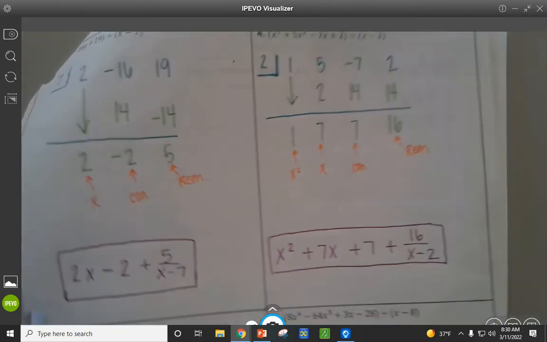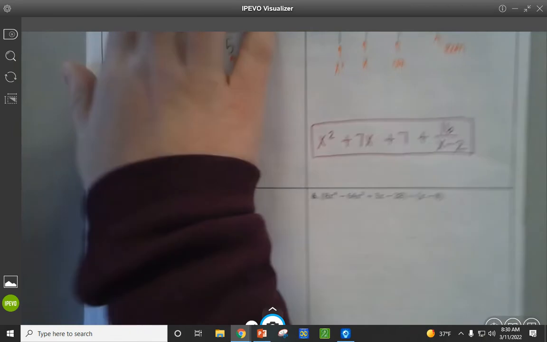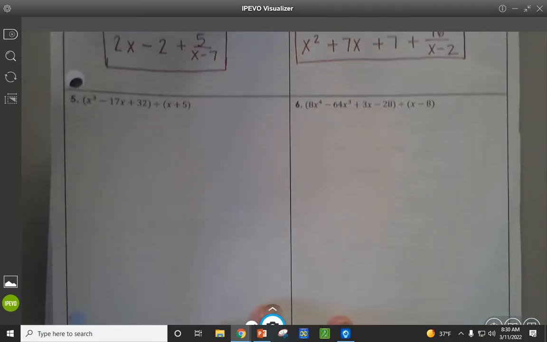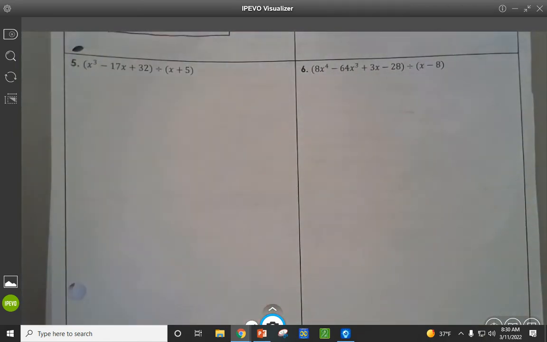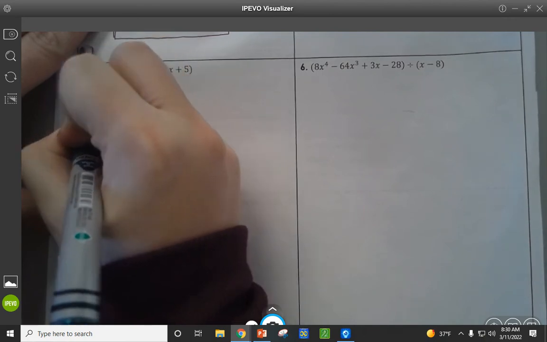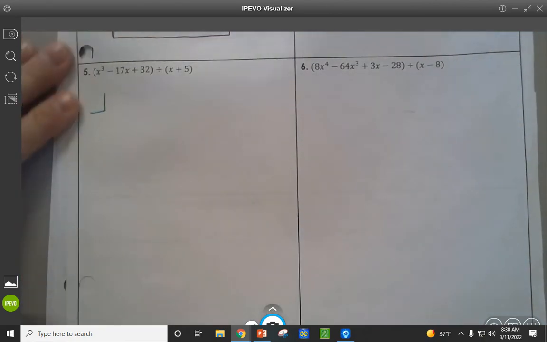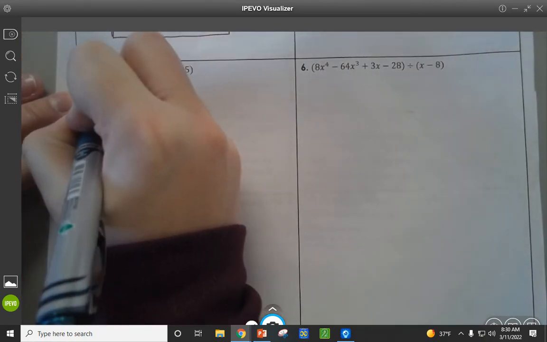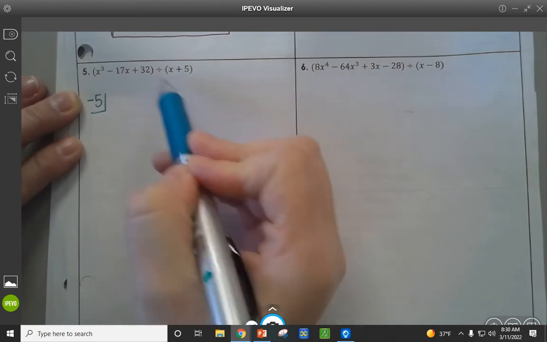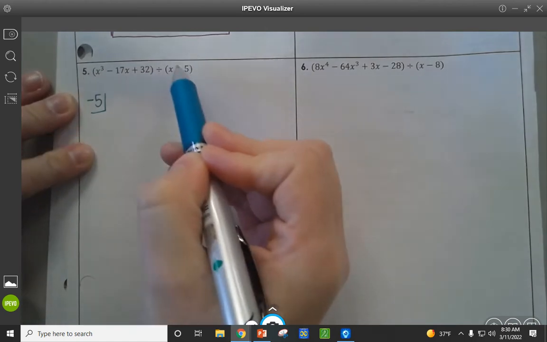Number 5. What goes in my corner box? -5. Careful. Basically, think about if I were to set this equal to 0.